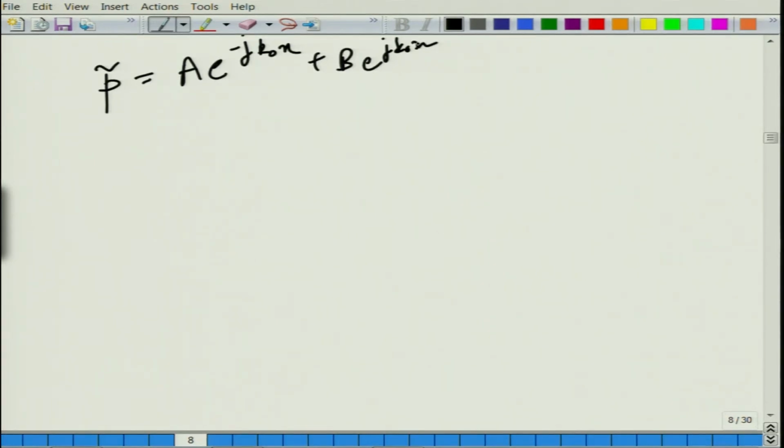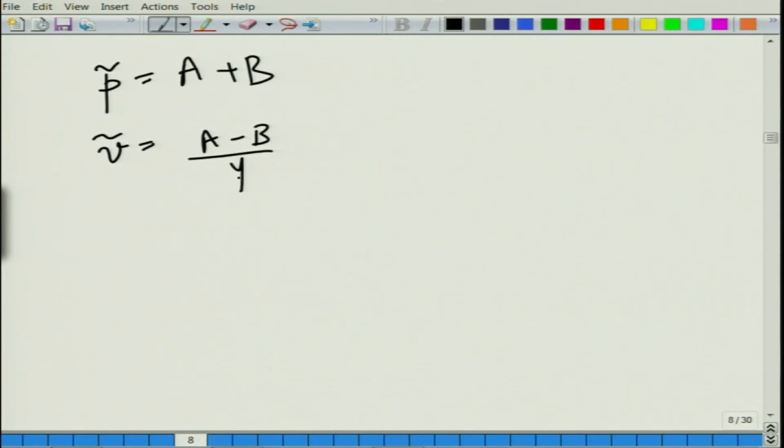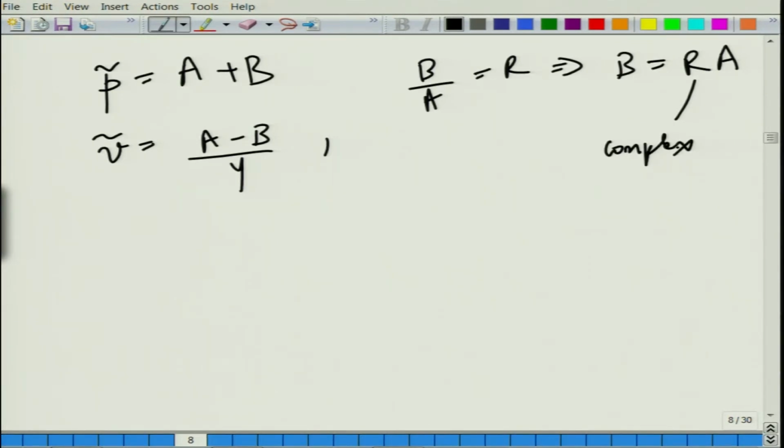So, here we will put x is equal to 0 or z is equal to 0, whatever suits us, and the velocity is nothing but a minus b by y, and we will assume that b by a is equal to r, meaning that the reflected or backward propagating wave is the reflection coefficient times the incident wave amplitude. Now, r is the reflection coefficient, which can be a complex quantity much like the progressive wave variables b and a.